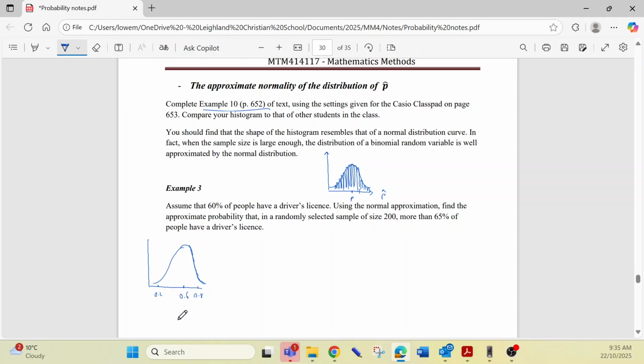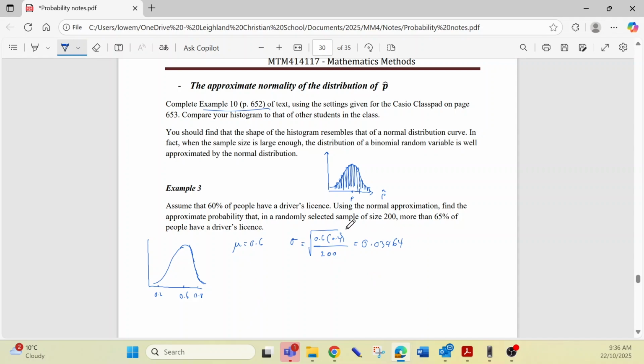That's our on average. So sample size of 200. Okay, we're going to then take our mean at 0.6. Our standard deviation can be found using 0.6 times 0.4 divided by the sample size of 200, which works out to be 0.03464.